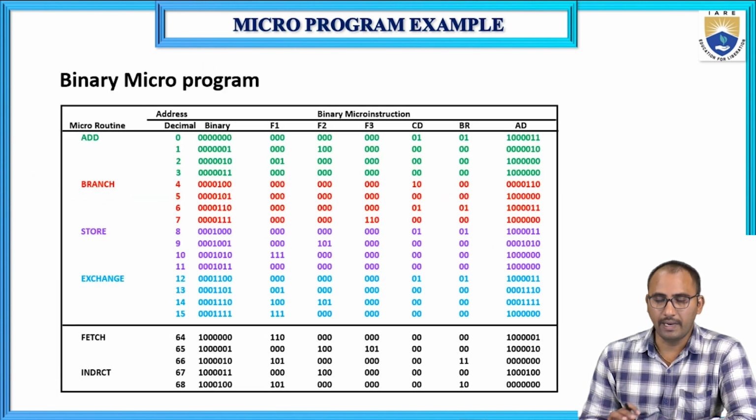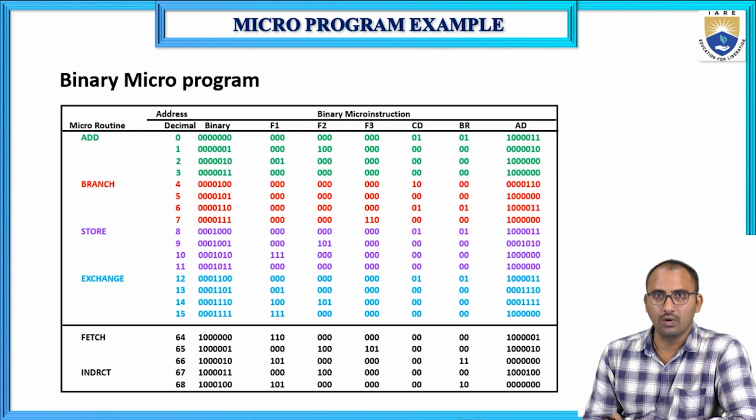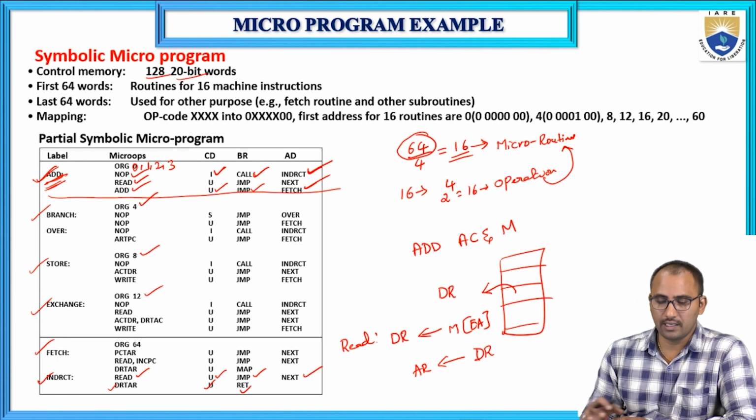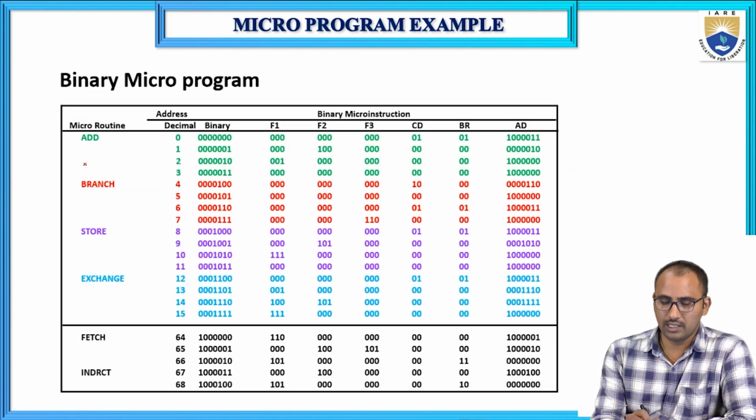And this is a binary micro program. Before writing the binary micro program, first we need to write a symbolic micro program. If you write a symbolic micro program, then it is very easy to represent in binary. So the first micro routine is add.